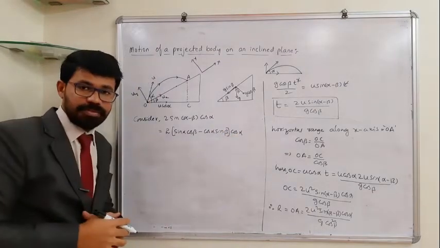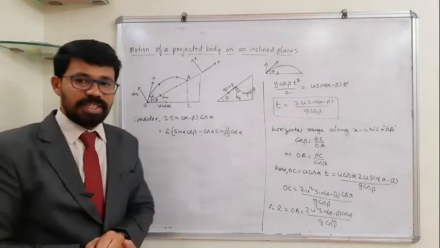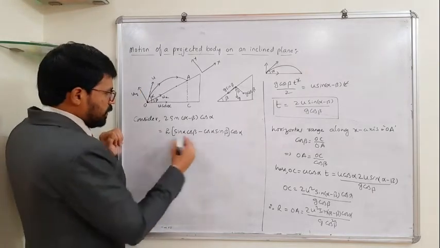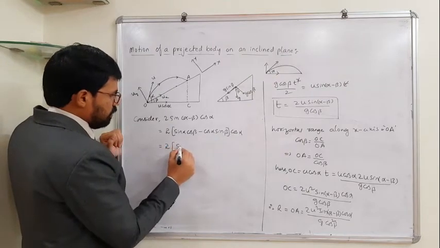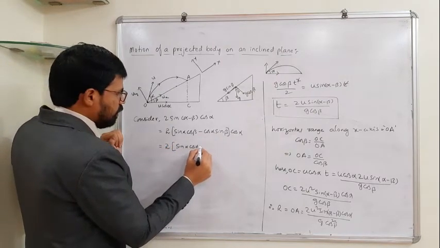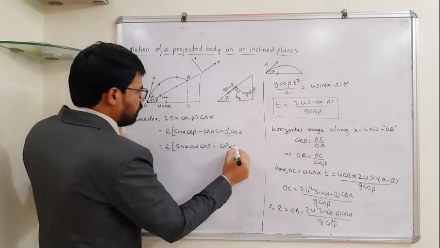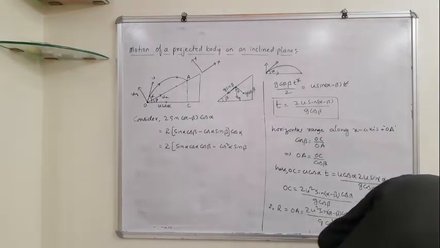This is a formula from trigonometry: sin A minus B is written as sin A cos B minus cos A sin B. Let us simplify this further: sin alpha cos beta minus cos square alpha sin beta. Let me take this 2 also into the bracket.